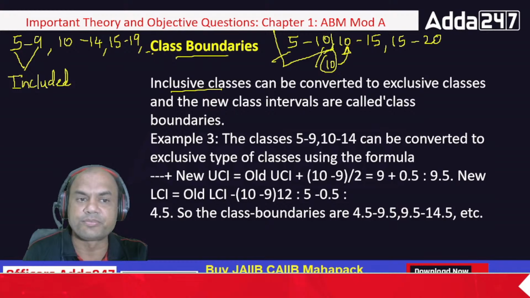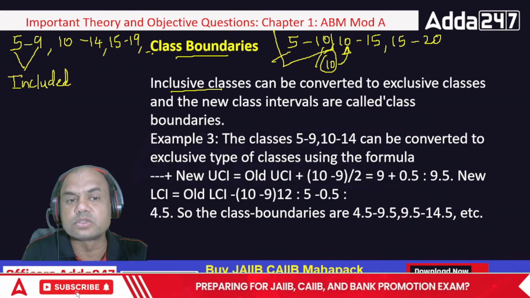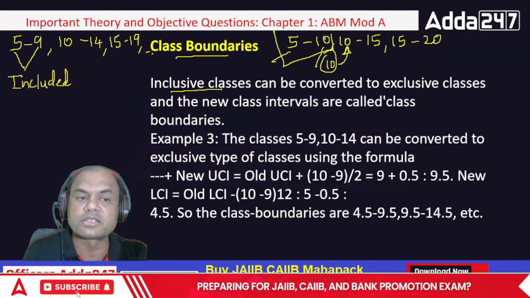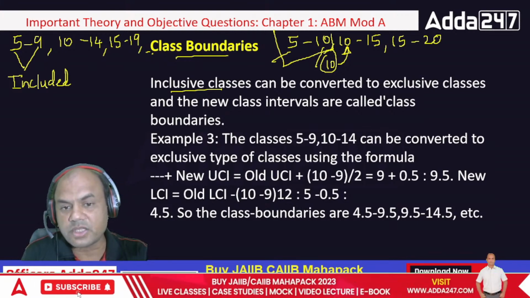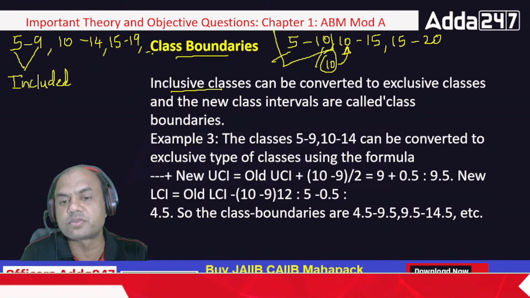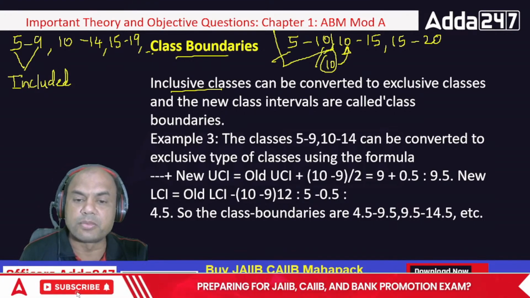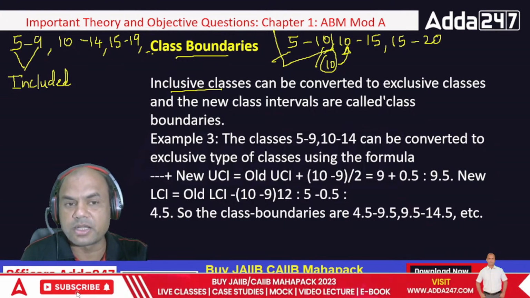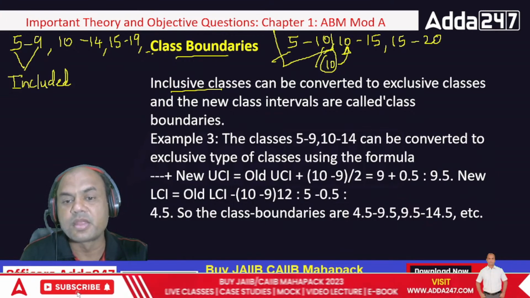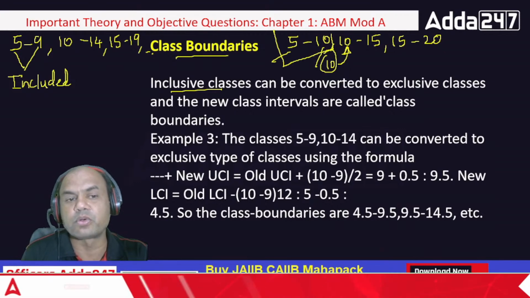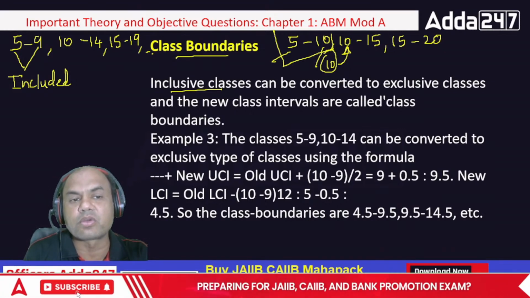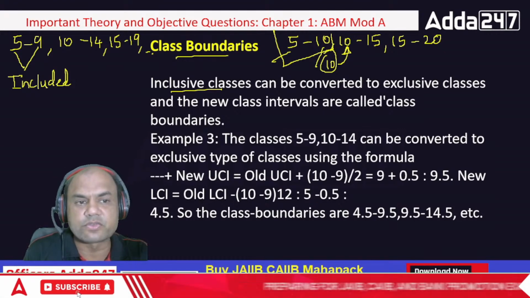Similarly over here, if I have to convert this inclusive to exclusive, how to convert this? See this, 5 to 9, 10 to 14 can be converted to the exclusive type using the formula. What is the formula? The formula is old class limit plus or minus (10 minus 9) upon 2. Now look at this. I'll give you a simple trick. Say this is 5.